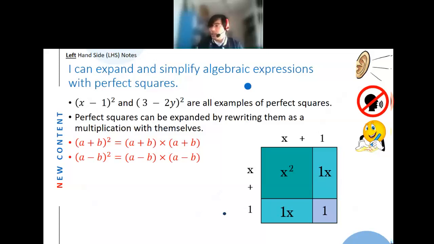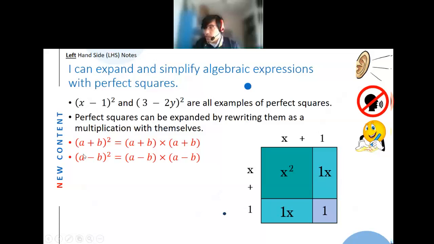If you remember, x times x is x squared, or b times b is b squared. So we can rewrite this. Let's say I've got a plus b in brackets squared. Well, I can rewrite that as a plus b times another a plus b, all in brackets.